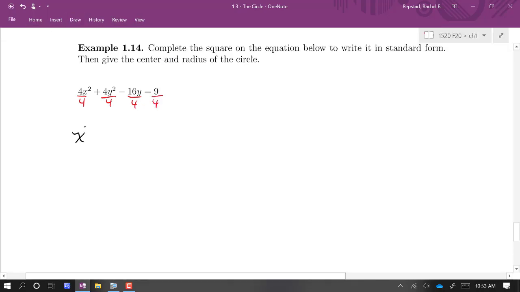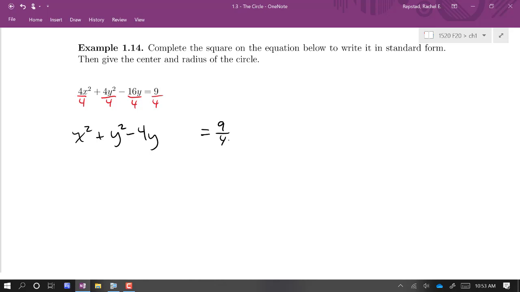And then I've got x squared plus y squared minus 16, minus 4y. I'm going to leave some space for the magic. This is equal to 9/4. Now you'll notice there's no x term. There's just an x squared term, but no x term, and that means that the x's are already a perfect square, right?